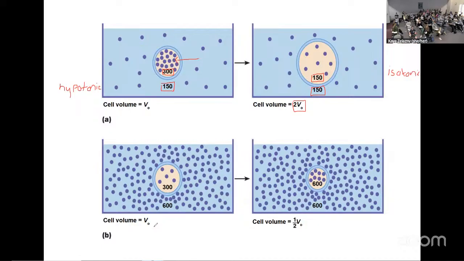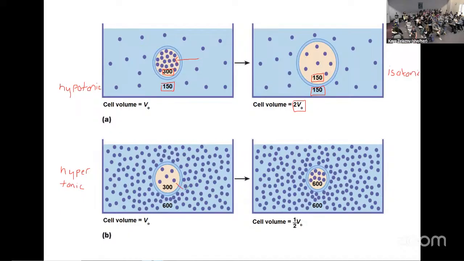Okay, so in the case where we are in a hypertonic solution, meaning we have excess tonicity outside, right? We're going to see water moving again towards the area where we have a high amount of solute concentration, right?